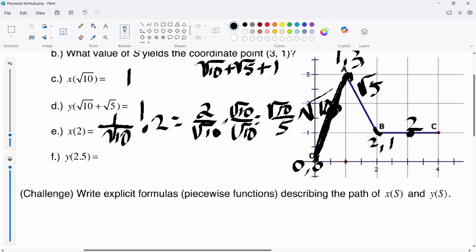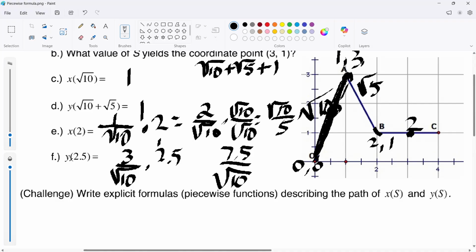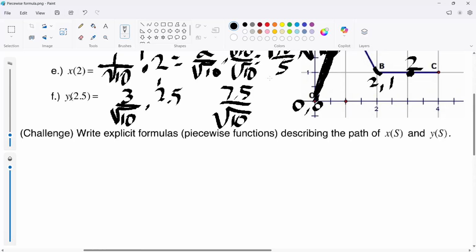What is y at 2.5? Well again, it's somewhere in here because this is 3 point something. So y at 2.5 is going to be the total change in y, which is 3, divided by the total distance, times s, times 2.5. What's 3 times 2.5? 7.5 over square root of 10. You can turn that into a decimal or rationalize the denominator.